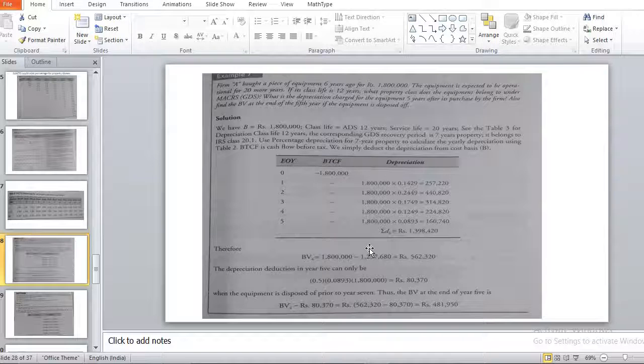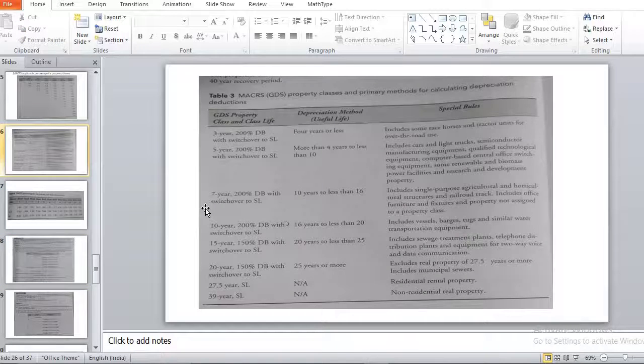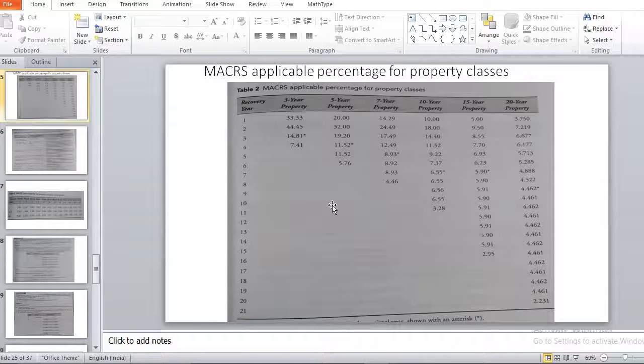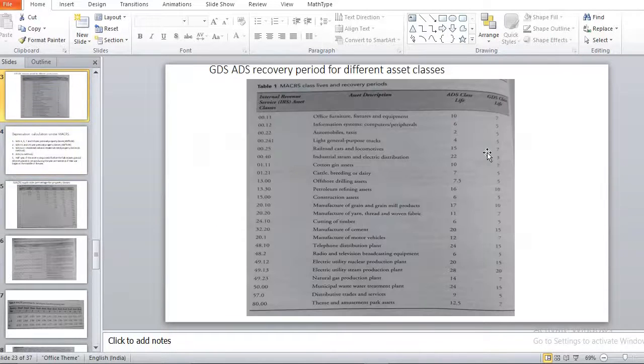In this example we use all the tables, first table, second table and third table, which are given in the modified accelerated cost recovery system. According to the given table, we consider that percentage value for calculation of depreciation.